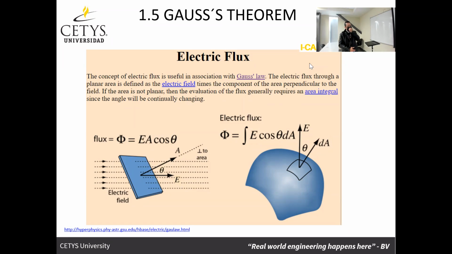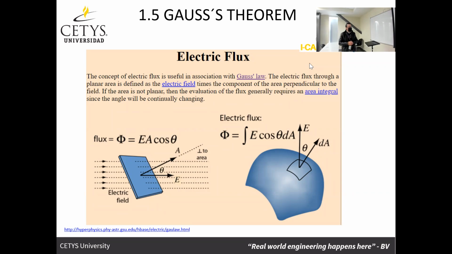So the concept of electrical flux is, okay, I've got an electrical charge that's emanating an electrical field. Depending on where I'm located is how much of that electrical field is going through a particular area. We know that the further away we are from the charge, the lesser the electrical field is; the closer we are, the stronger it is.